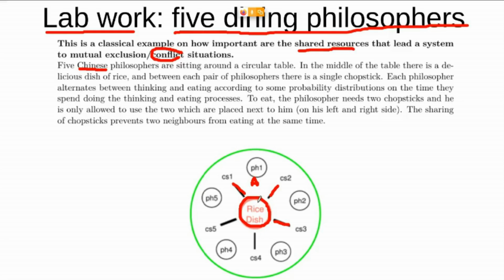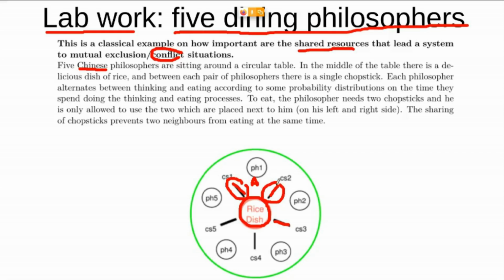But as you can see in the figure, when philosopher 1 is eating, philosopher 2 cannot eat. Why? Because philosopher 1 will use chopstick 1 and chopstick 2. So this makes philosopher 2 not eat.